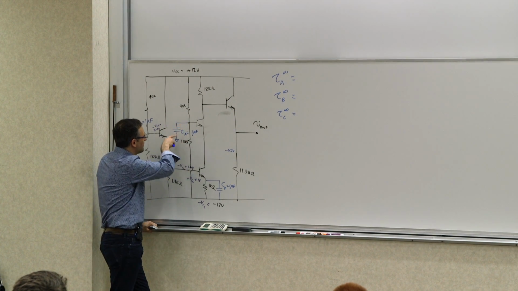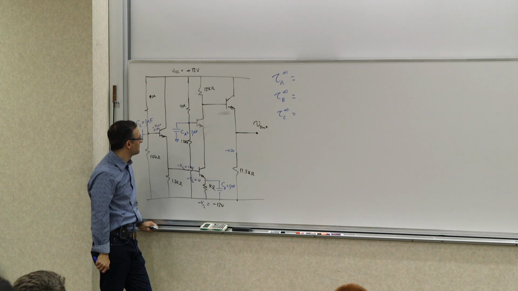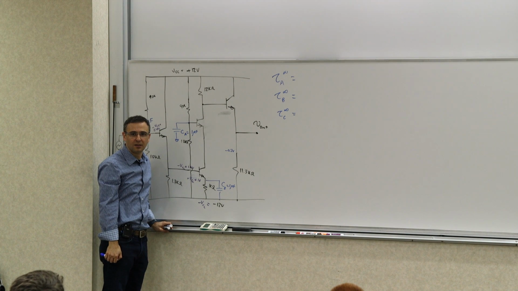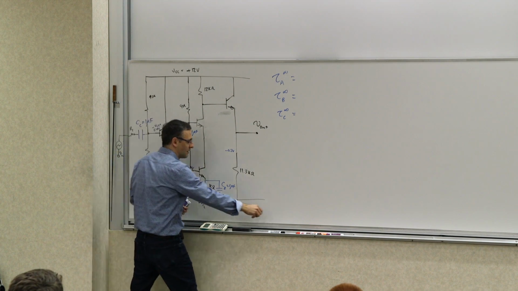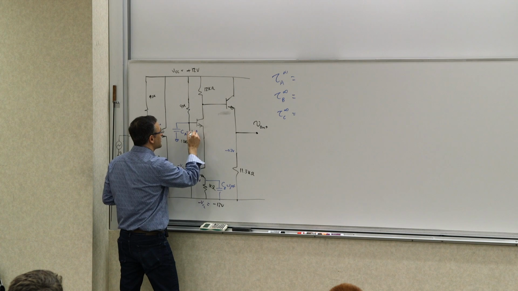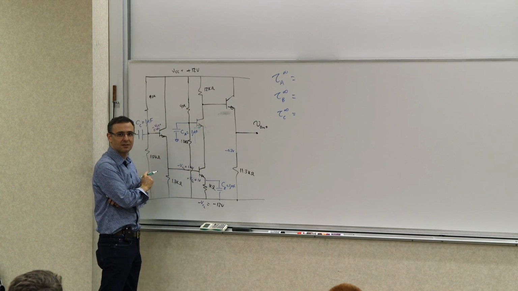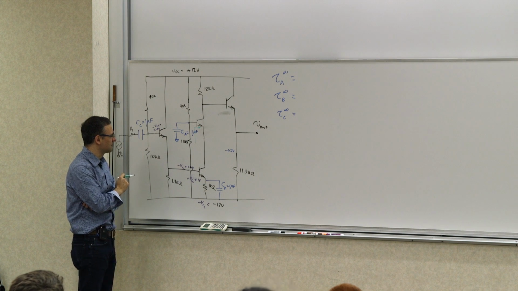What is the resistance seen by this capacitor? So it sees these parallel combinations in parallel with this input resistance. What is that input resistance?